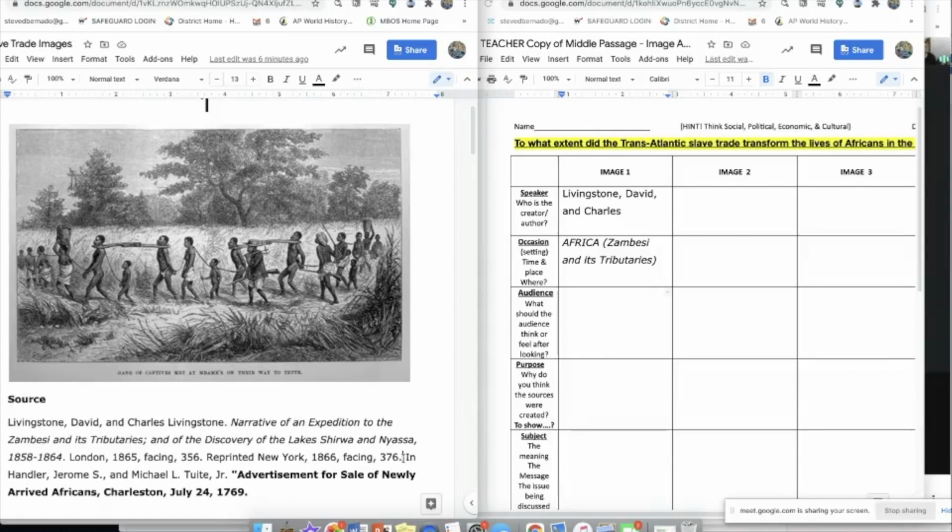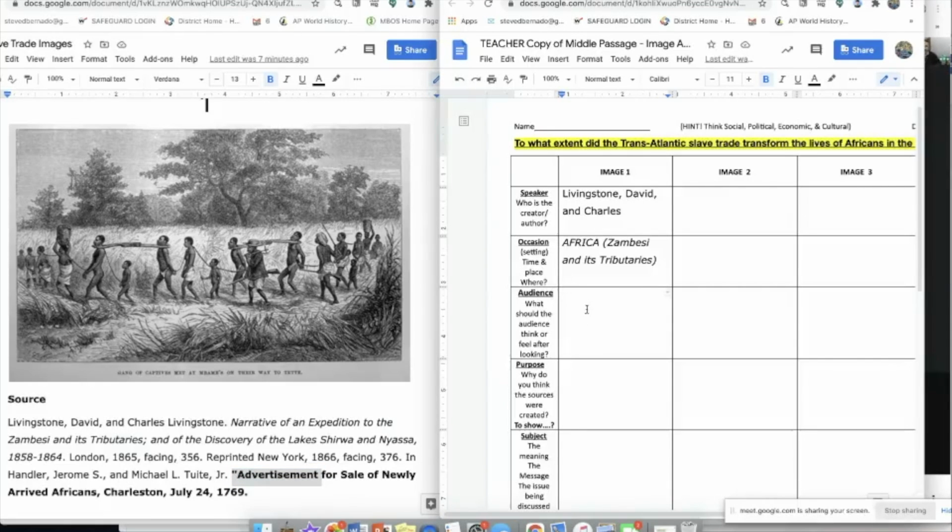Well, what is it? It's an advertisement for the sale of newly arrived Africans in Charleston, Virginia, July 24th, 1769. This is an advertisement. It's a commercial to buy people from Africa as property if you live in Charleston, Virginia.